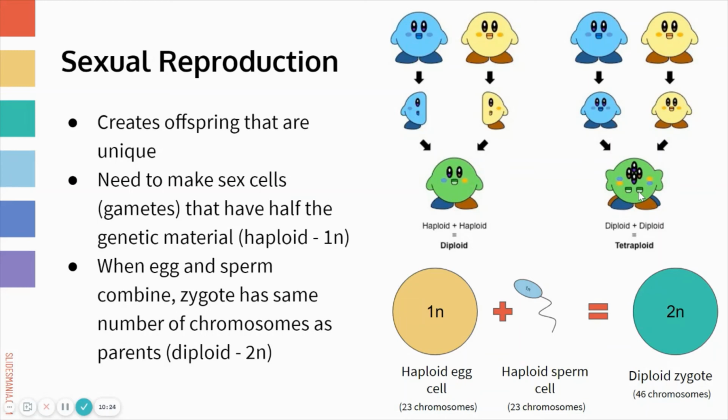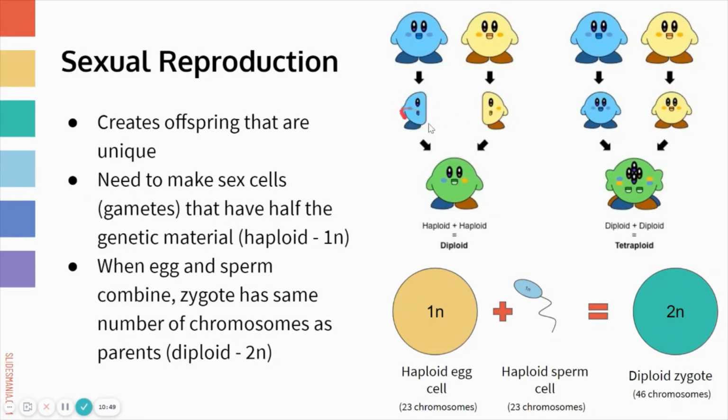So when we're going through sexual reproduction, we need to make specialized cells called gametes, which are going to be the egg and the sperm, that have only half of the genetic material of the parents. So for us, since we're diploid, half the genetic material would be a haploid cell. So when we're making sperm and eggs, we make those cells haploid instead of diploid.